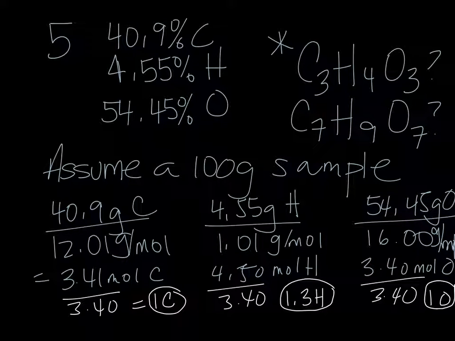Here's our mole ratio, except this cannot be for our empirical formula because we can't have 1/3 of an atom. So we're going to multiply all of these by 3.